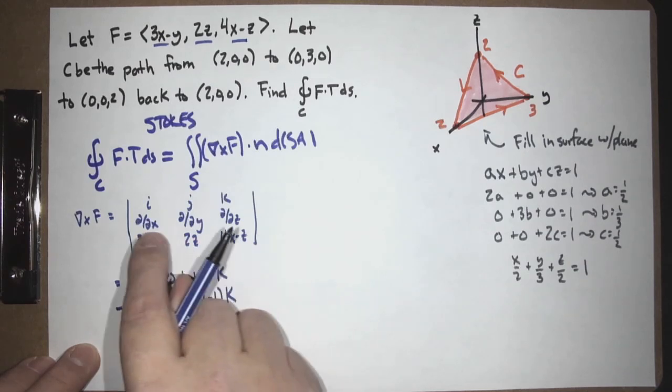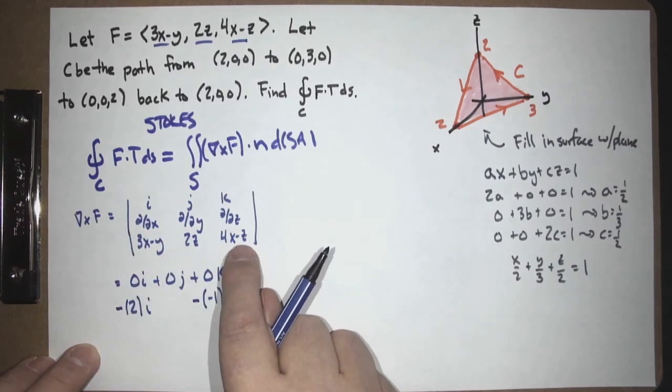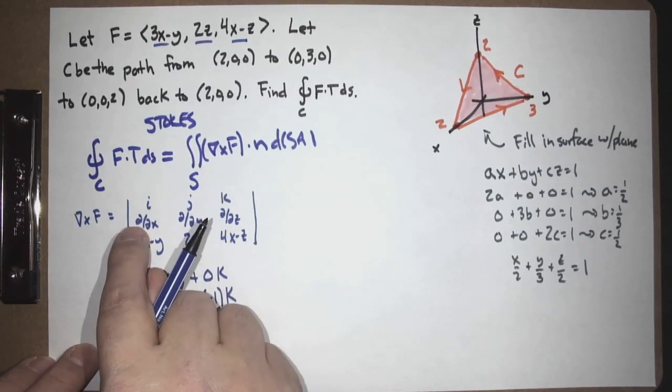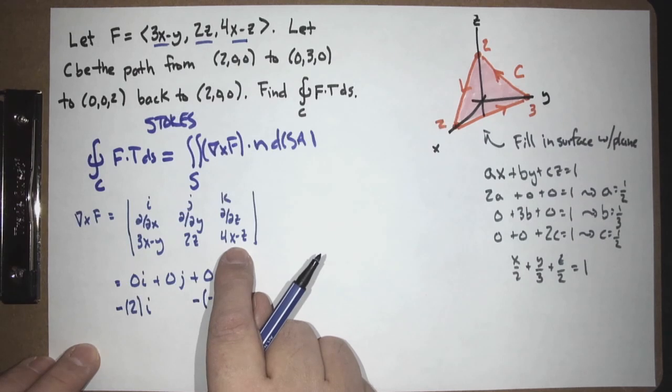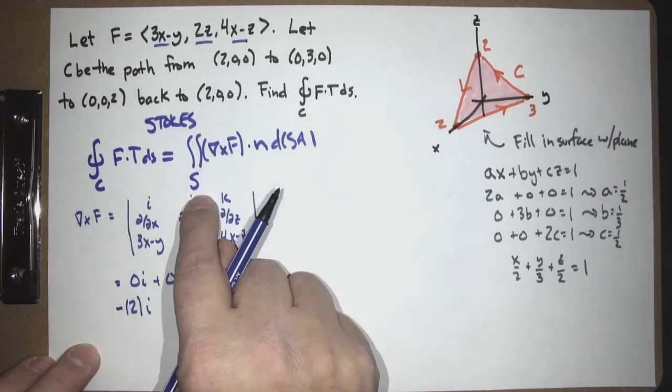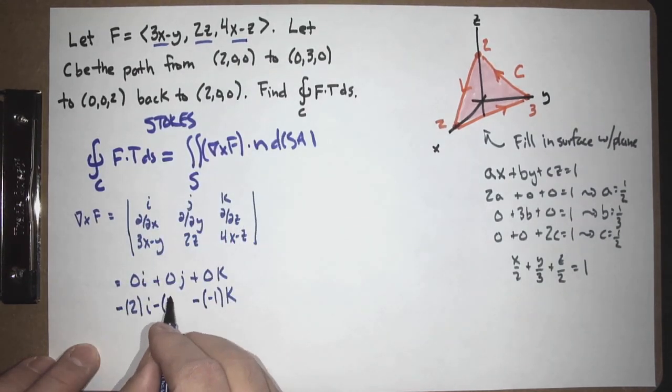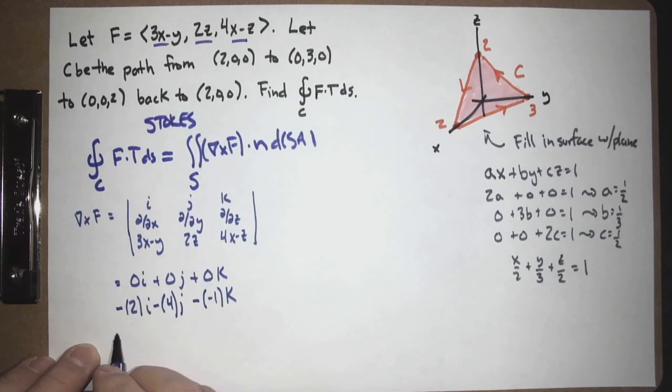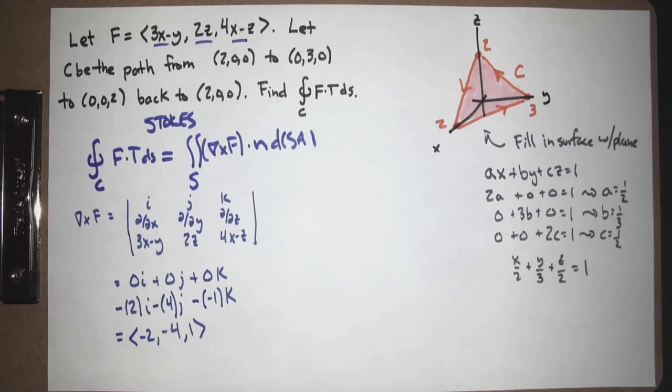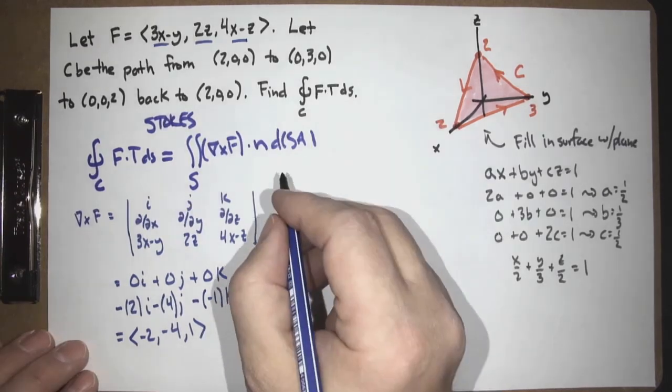And the last one, we have partial x of 4x minus z, 4. And that's in the j direction. So subtract 4j. So we end up with minus 2, minus 4, plus 1. So there's our curl. All right.